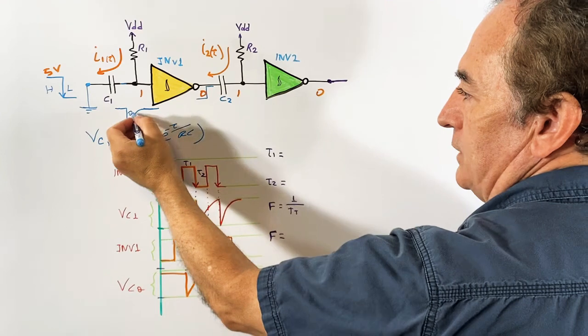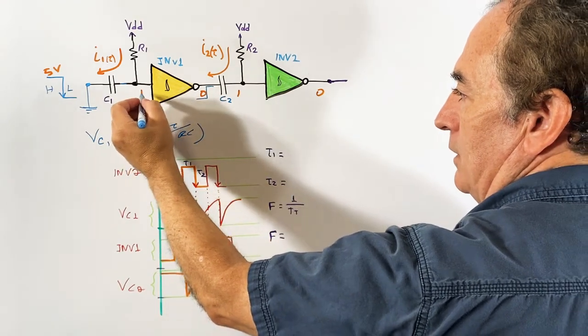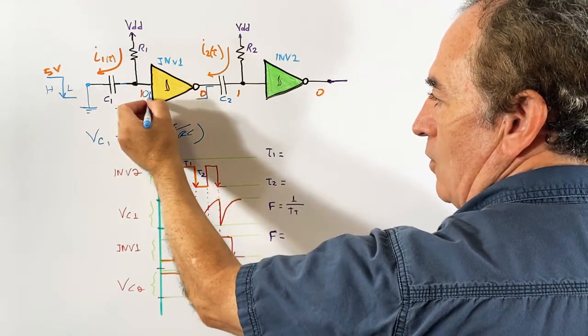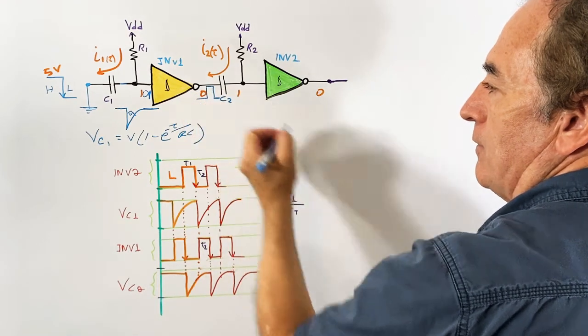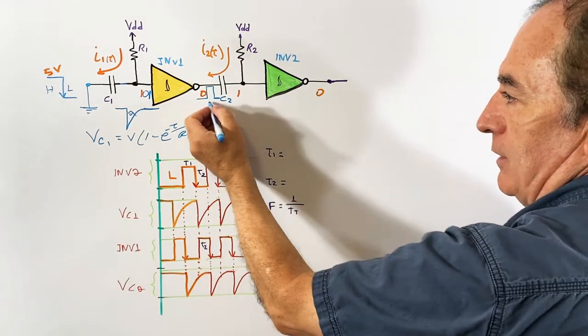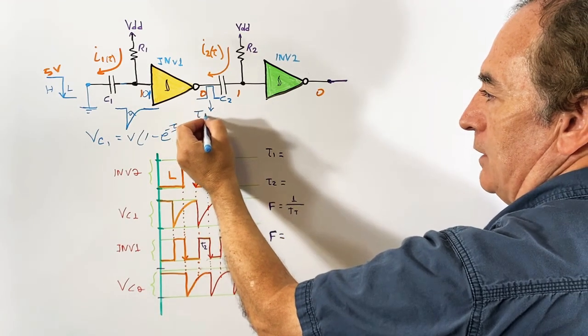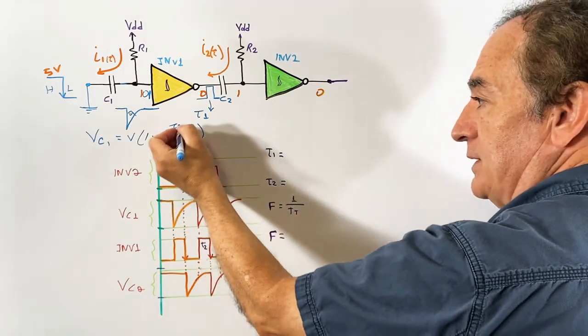Once the capacitor reaches the threshold, positive threshold, the input went to 0 and now it goes back to logic 1. So this one goes to logic 0. Okay, and this period we're gonna call it T1. T1 can be obtained by solving this equation.